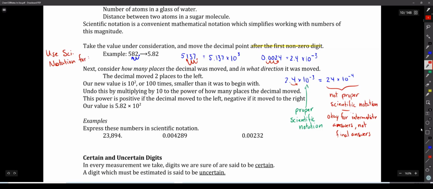I'll say, number 1, numbers greater than 10,000, or numbers smaller than 0.001.